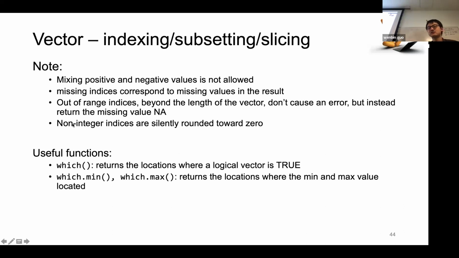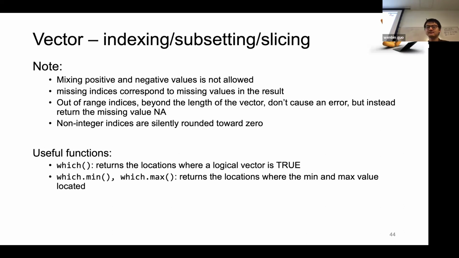And for non-integer indices, because we know the positions 1, 3, and 5 basically should be integers, if you put a non-integer index in, it will be rounded towards 0, like finding the floor of the non-integer values. And here are also some other useful functions. For example, which will return the locations where the value is TRUE, and which.min and which.max are pretty straightforward.